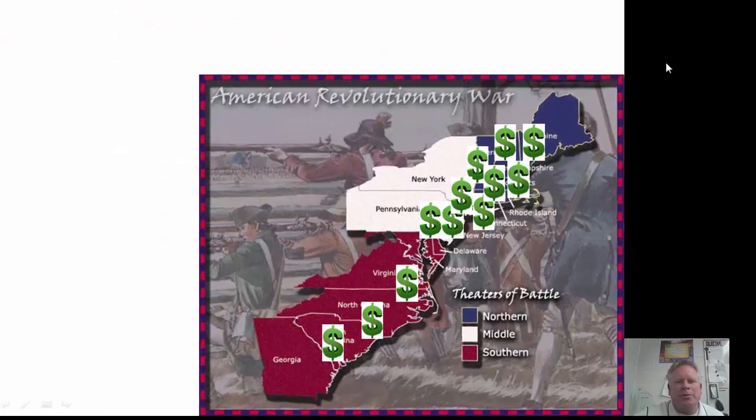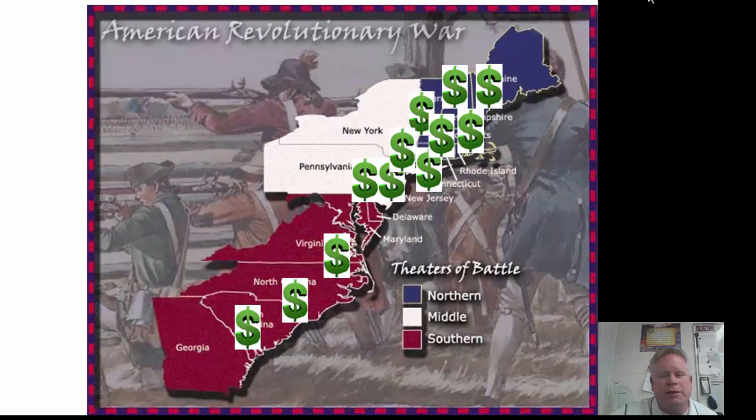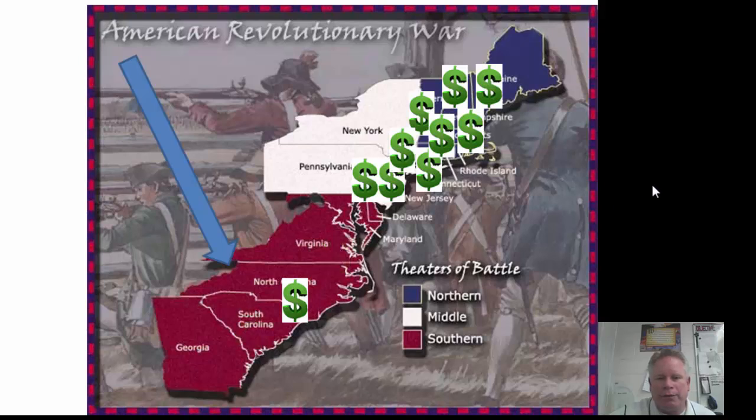The bigger problem came from representatives of the southern states, because during the war, the South had accumulated a lot less war debt, and they had paid most of it off. Well, if the federal government paid off the money the states owed, it would give a lot less money to the southern states because they owed a lot less.